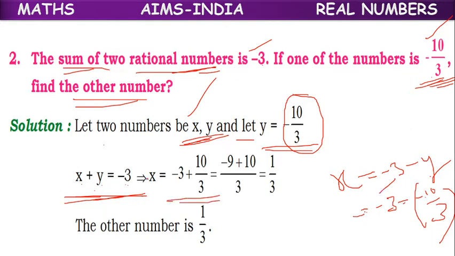Minus 3, we will write like that only. Minus into minus, plus 10 by 3. Now how to add them? 3 into 3, minus 9, plus 10 by 3. Minus 9 plus 10 means 1. 1 by 3. So what is the other number, children? The other number is 1 by 3.